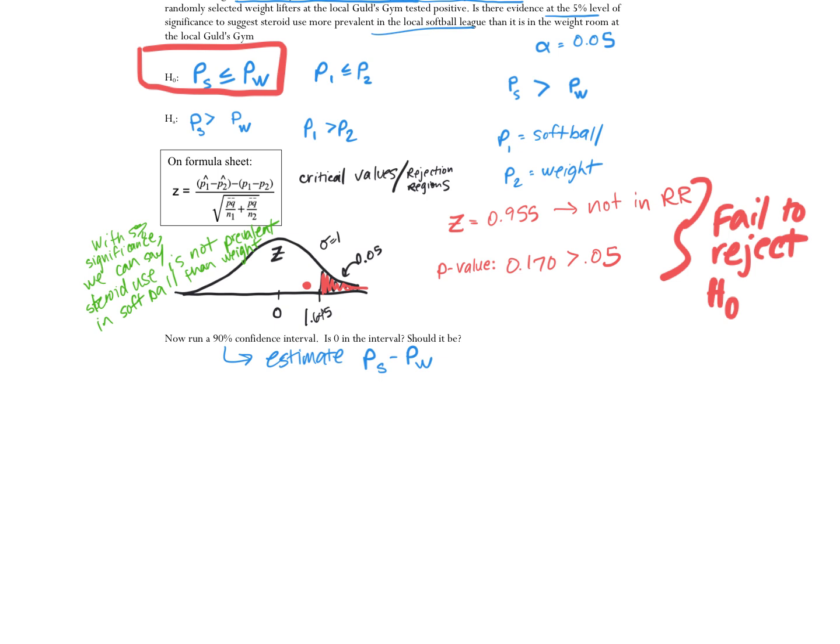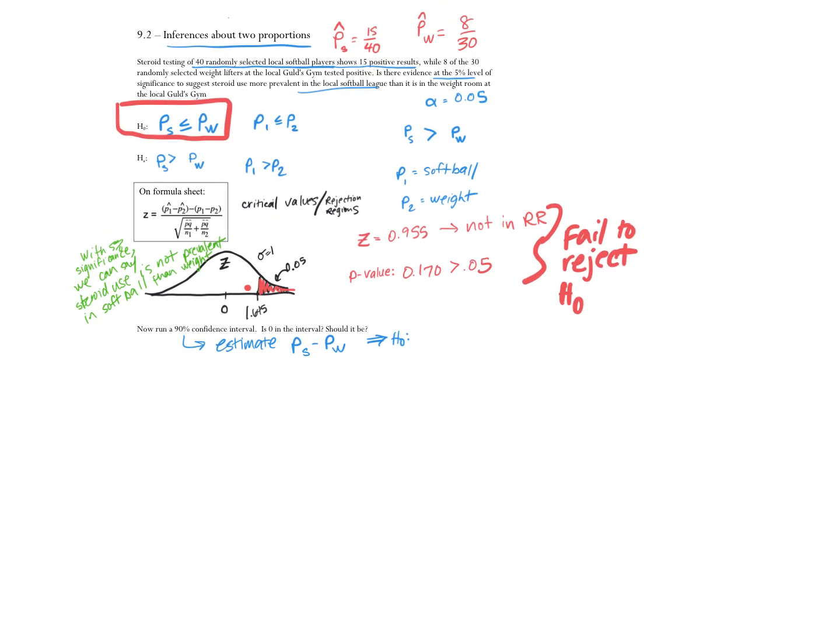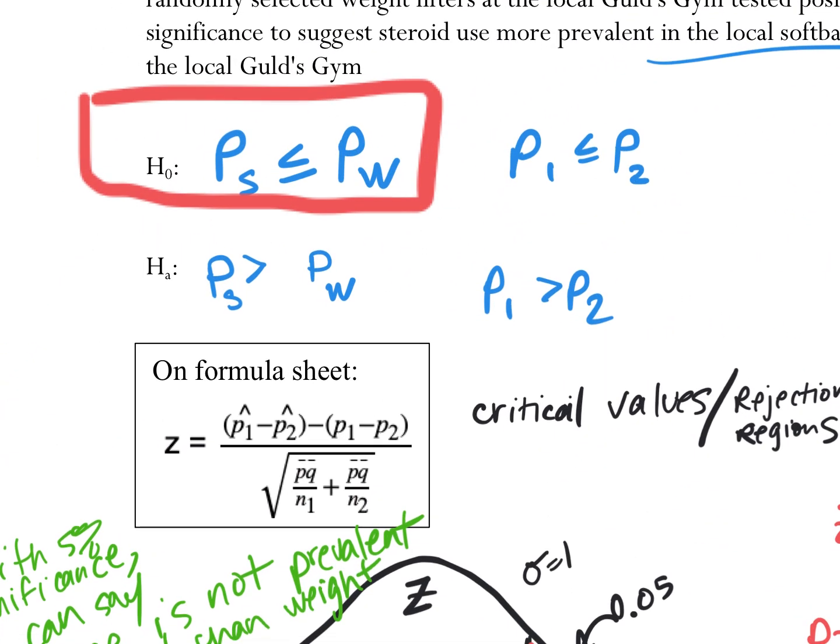So when I look at my null hypothesis, it's going to say that PS minus PW is less than or equal to 0. Because if I rewrote this hypothesis into a subtraction problem and subtracted PW from both sides, I would end up with a 0 on the right.